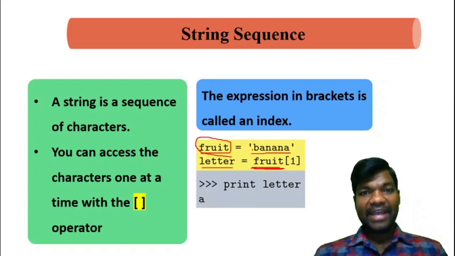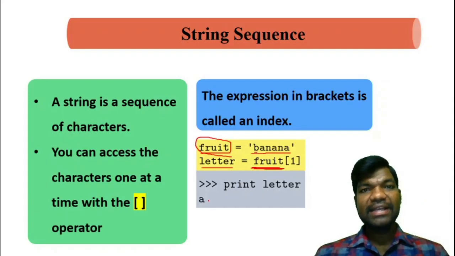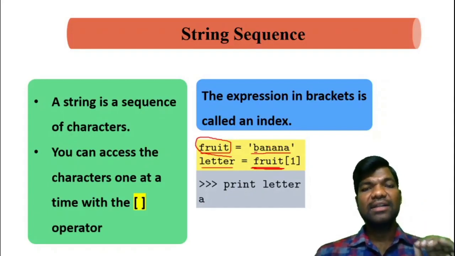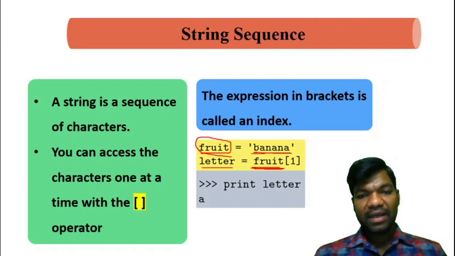Why are we getting A instead of B? Here the first value is B, but you are getting A. Why? The index values always start with 0. So here banana means 0, 1, 2, 3, 4 and 5.